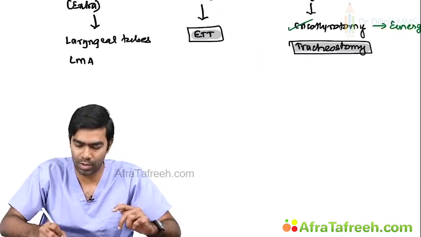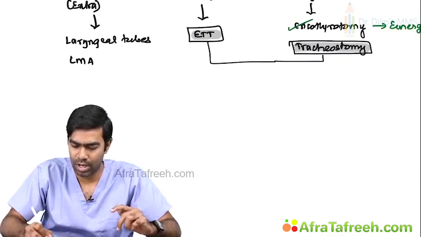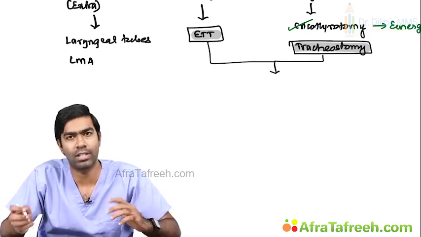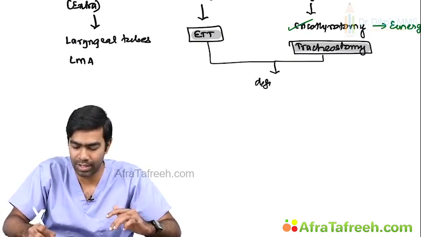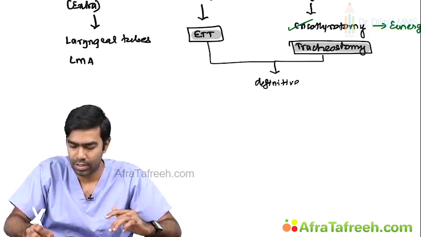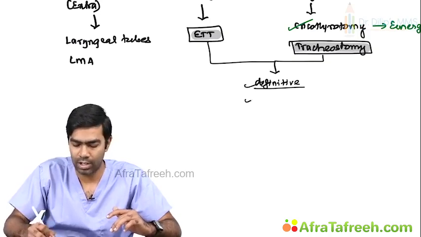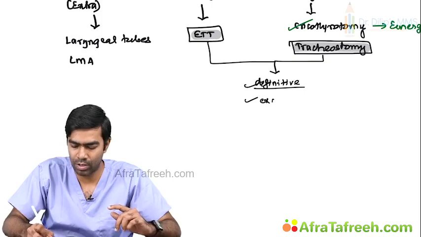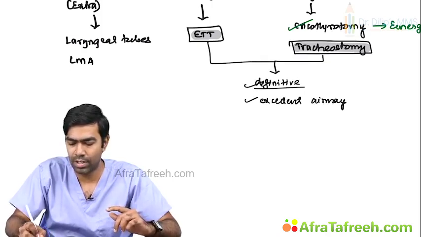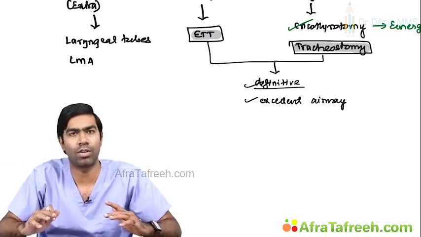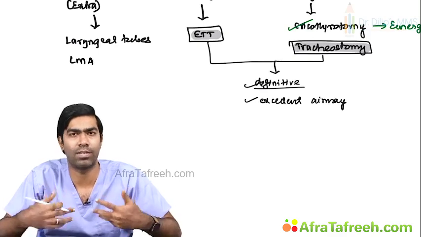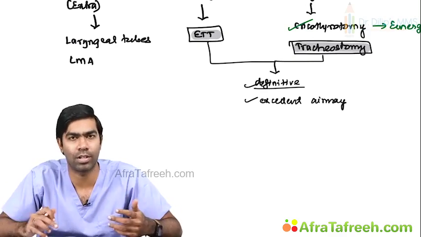But remember, the endotracheal tube and the subglottic airways, the transglottic and the subglottic airways, are generally definitive airways. And the doctor will have a very good airway control, excellent airway control, which means the patient's airways will come completely under the control of the doctor, and whatever the doctor tells, the airways will respond accordingly.